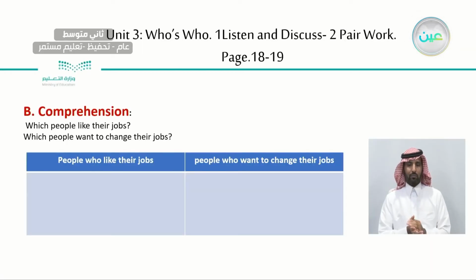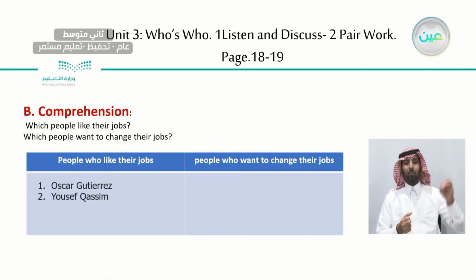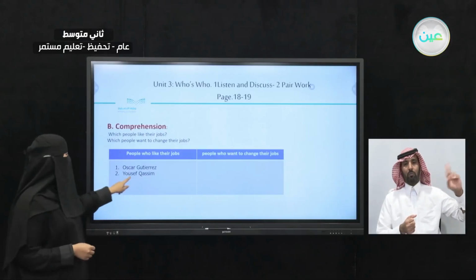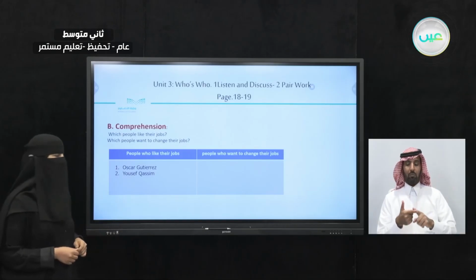Now, I want to ask you about the jobs you saw before, and let's categorize it here in these two groups. Which people like their jobs and which people want to change their jobs? People who like their jobs are Oscar, the travel agent, and Yusuf, the engineer.